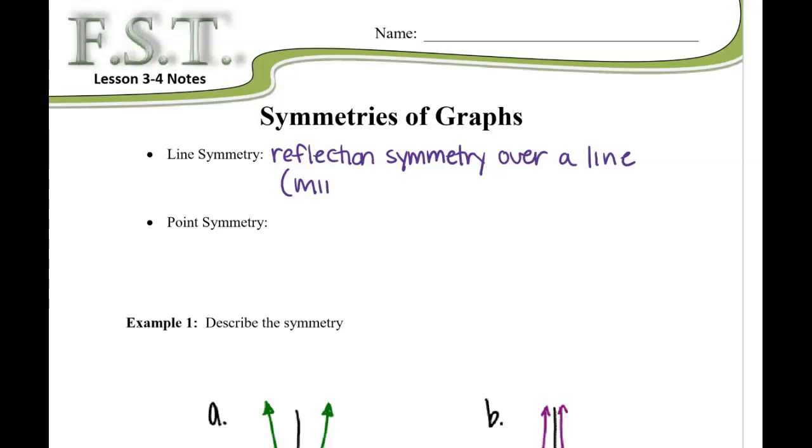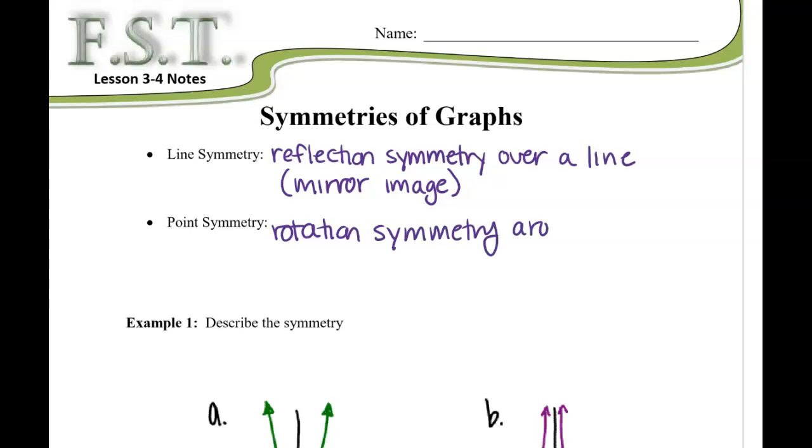And so we're talking about like a mirror image. Point symmetry is rotation symmetry around a point. We're talking 180-degree rotation symmetry.